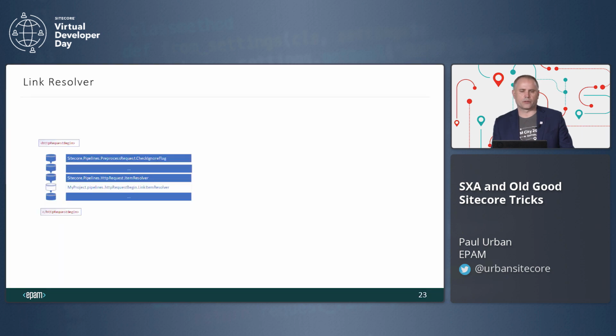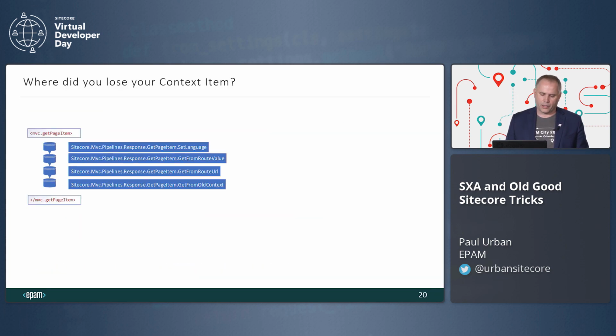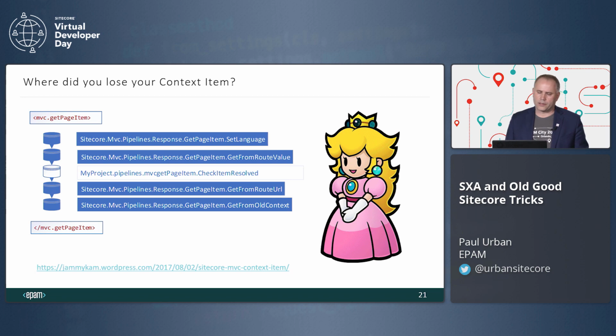In our case, I actually added two different pipelines, because probably those who already did a link resolver in the past with ASP pages saw that the MVC pipeline is setting the item context back to something else.